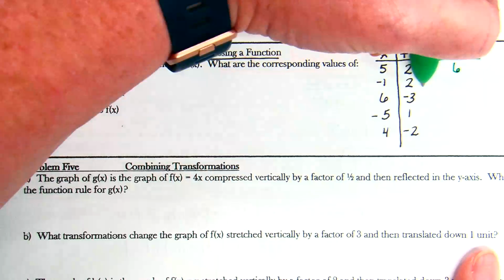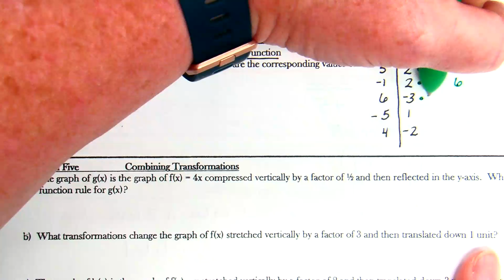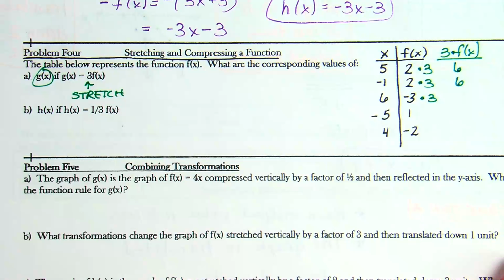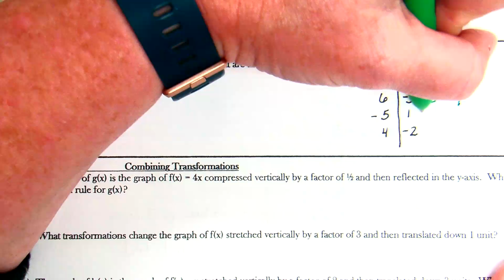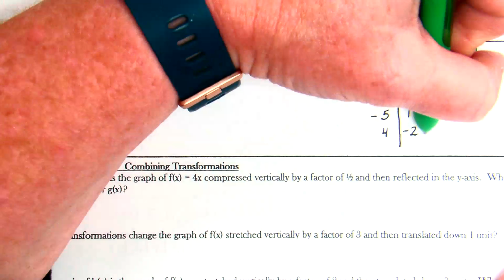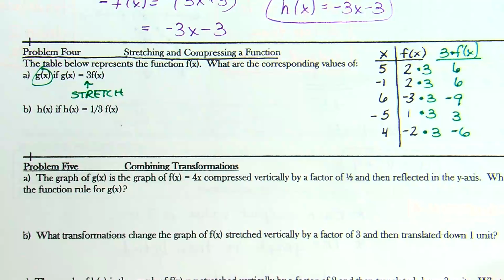Negative 9. 1 times 3? 3. Negative 2 times 3? Negative 6. Those right there, what I just put off on the right side, are my new f of x values. Those are what we're going to call g of x.